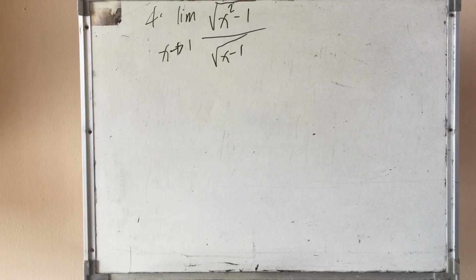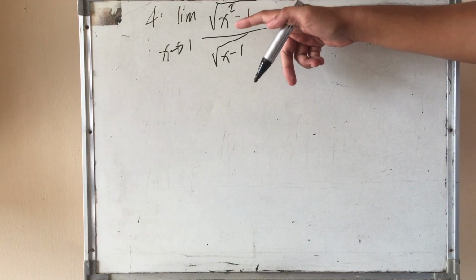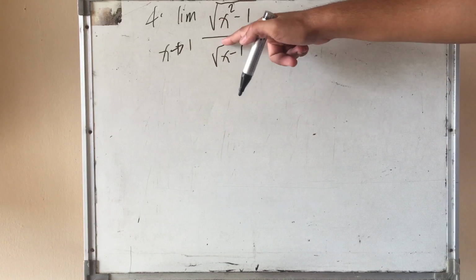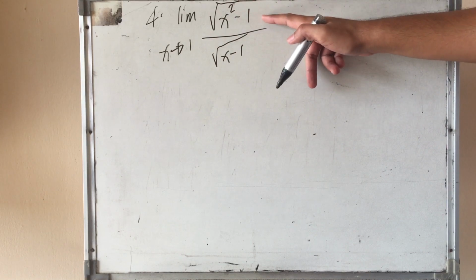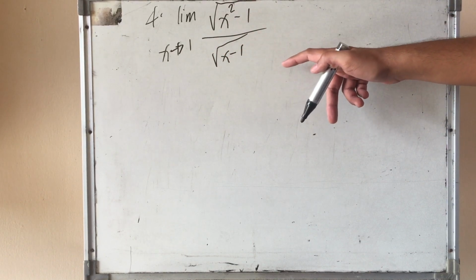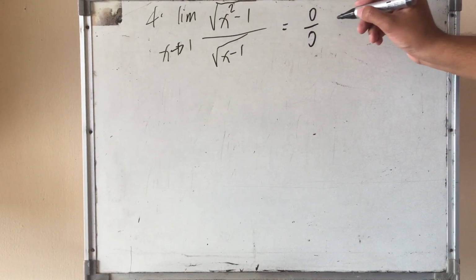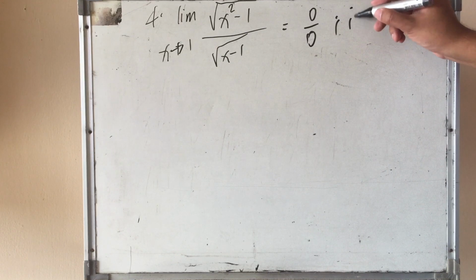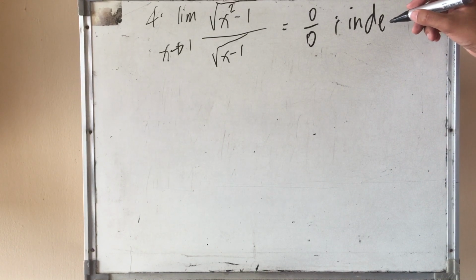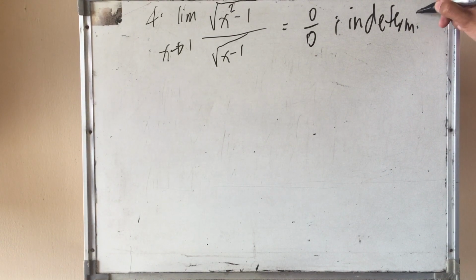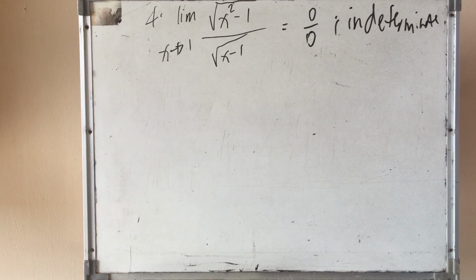Evaluating the limit, we have the square root of 1 squared minus 1 divided by the square root of 1 minus 1. So this is equal to 0 over 0, which is indeterminate. Now we express the quotient into a single radical, then evaluate the limit.